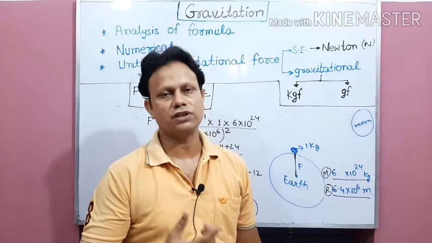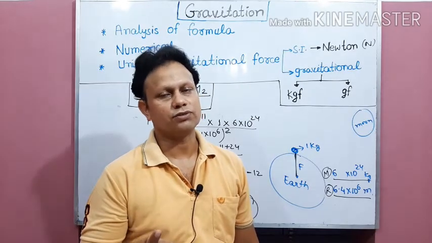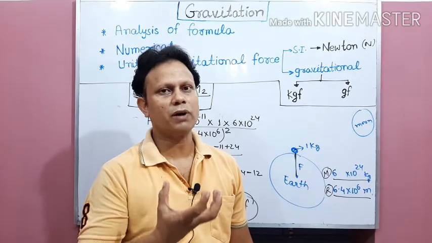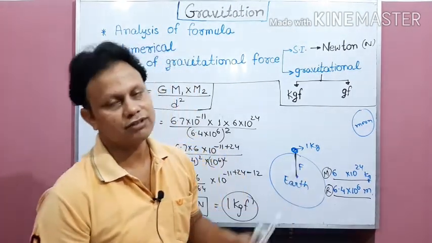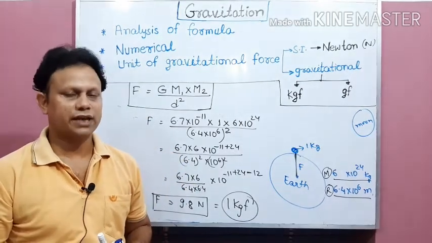For 1 kilogram force we need a 1 kilogram mass object, for 1 gram force we need a 1 gram mass object, and in both situations it shows the pulling power of the earth towards its center. So these are the gravitational units for measuring gravitational force. Thank you for today's class.